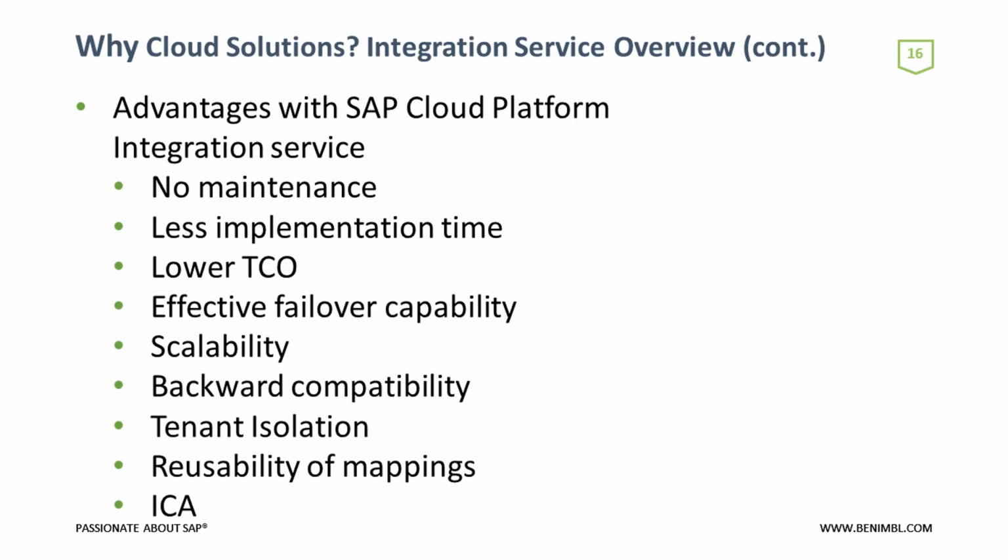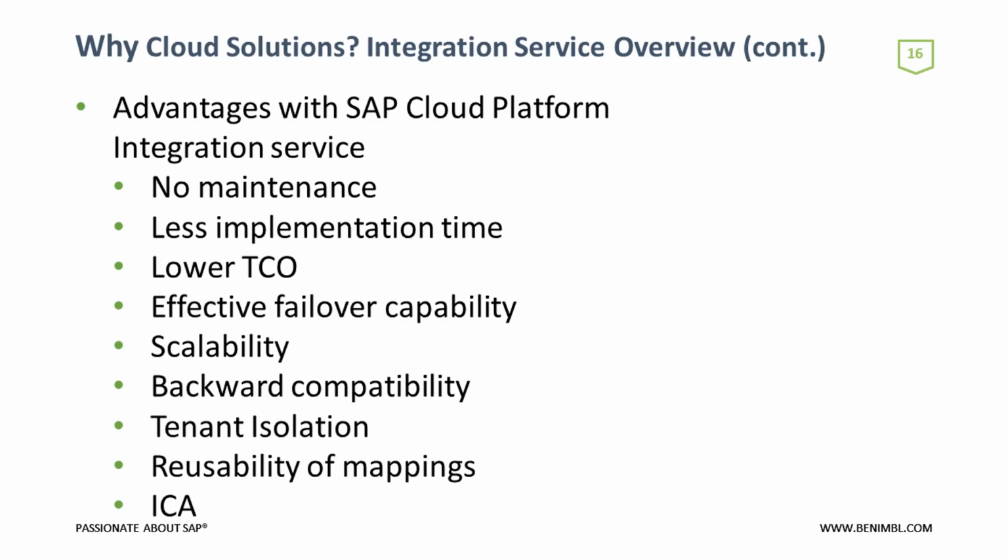And data security is a question always when data is transferred using HTTP or over the internet. SAP uses a concept called tenant isolation, which means though it is a physical server, each customer will have their unique tenant ID, which means they are protected, the data is secured, and even SAP cannot look into customers' data.